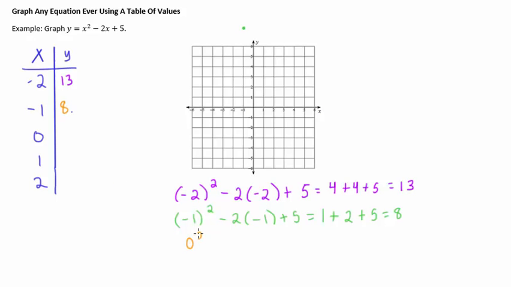If I plug in 0, that gives me 5, because that 0 squared is 0, -2 times 0 is 0. So I have the point 0, 5. Plug in 1. I get +1 minus 2 plus 5, which gives me 1 minus 2 is -1. -1 plus 5 is 4.